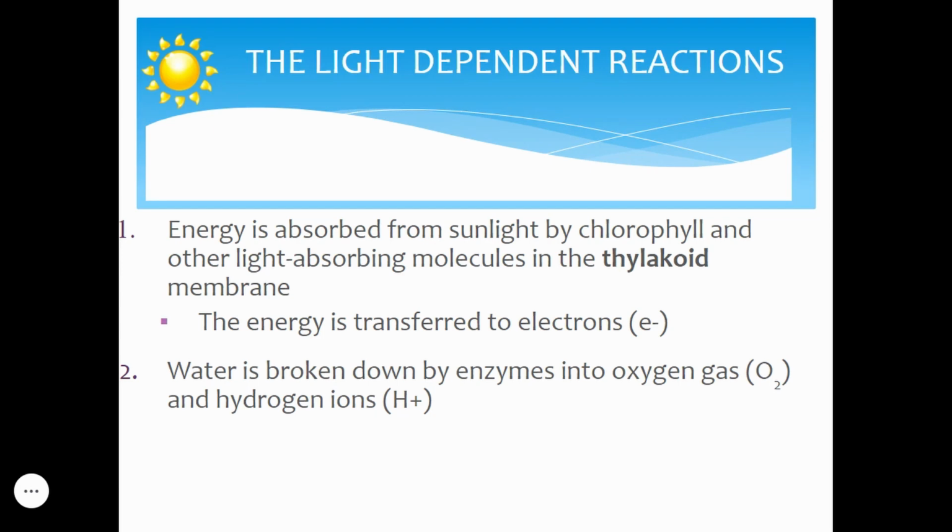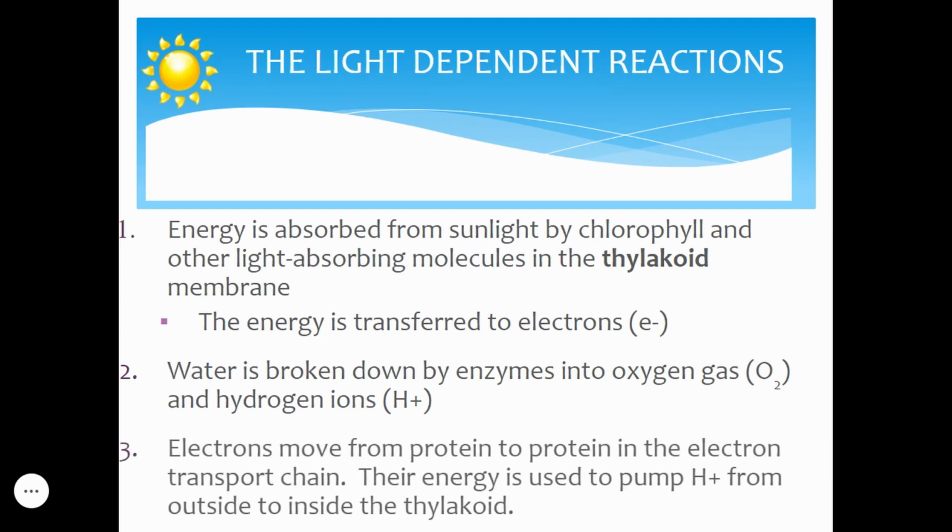So, one other thing that's used in the light-dependent reaction is water. Water is broken down by enzymes into oxygen gas and hydrogen ions. All right, back to those electrons. Electrons are going to move from protein to protein in the electron transport chain. Those electrons have been excited because they've been given energy from the sun.